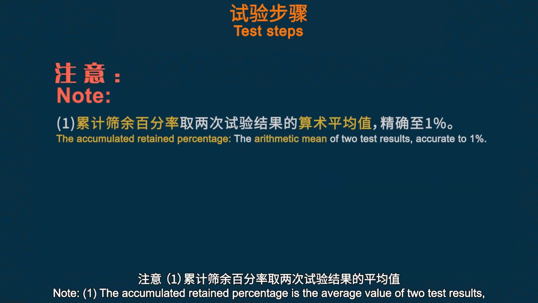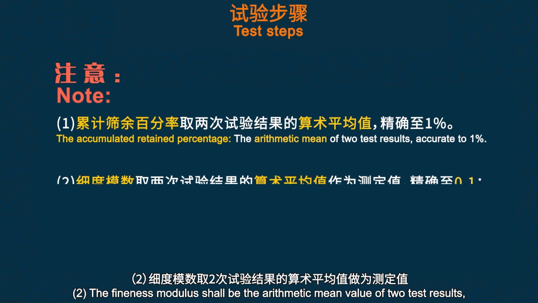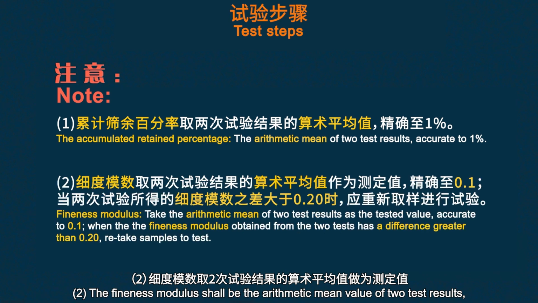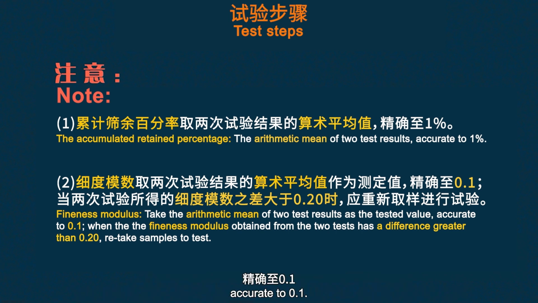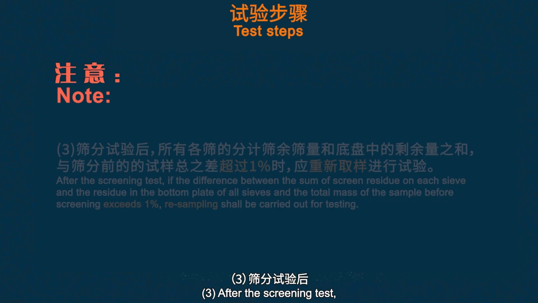Note: 1. The accumulated retained percentage is the average value of 2 test results, rounded to 1%. 2. The fineness modulus shall be the arithmetic mean value of 2 test results, accurate to 0.1. When the difference between the fineness moduli obtained from the 2 tests is greater than 0.20, resampling shall be carried out for testing. 3.